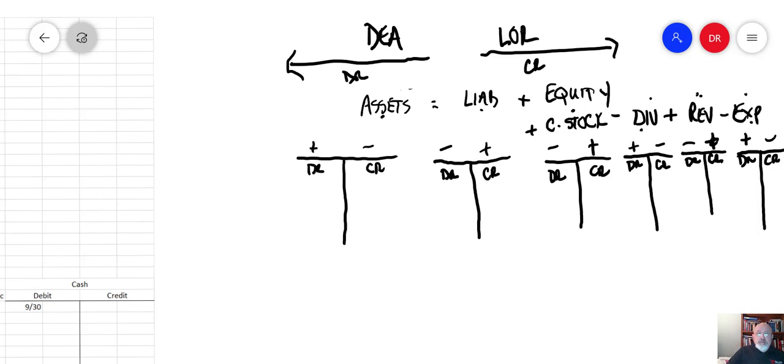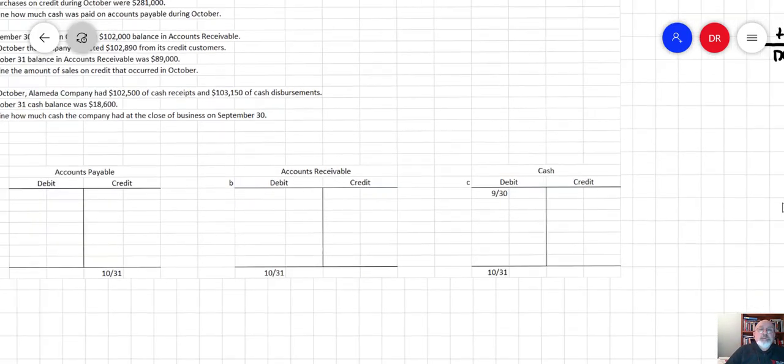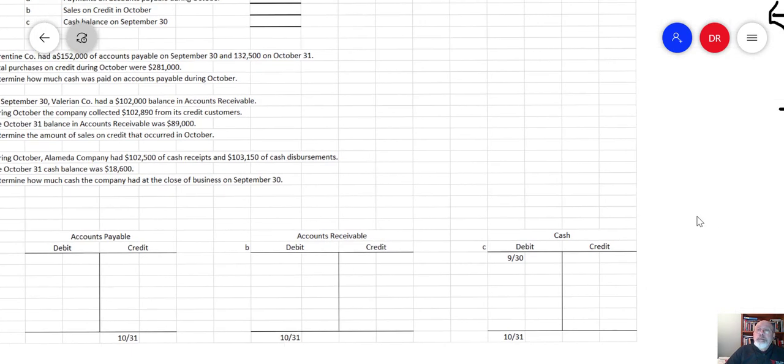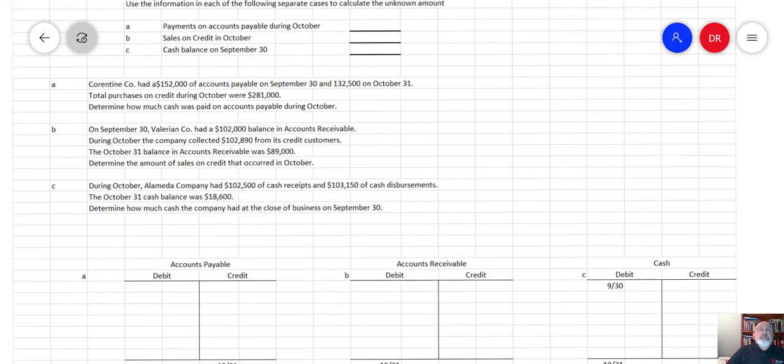Keep in mind these normal balances, because we're going to work through this first scenario and we need to remember that. So in this first exercise we have 3 scenarios. And in the first one they tell us that Quarantine Company had $152,000 of accounts payable on September 30th and $132,500 on October 31st.